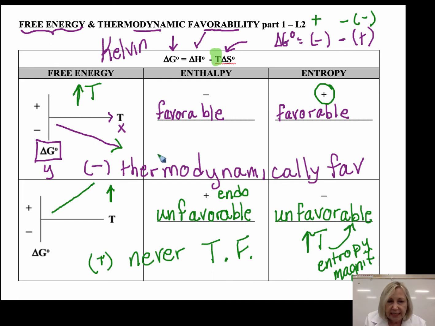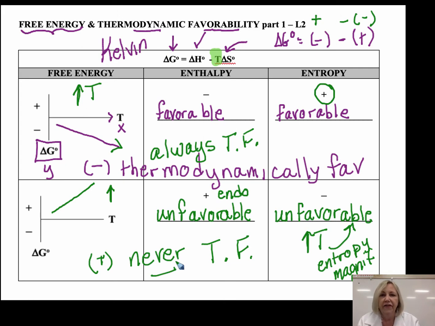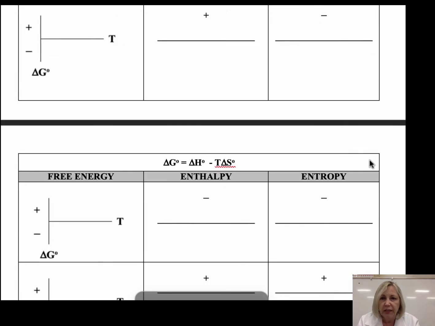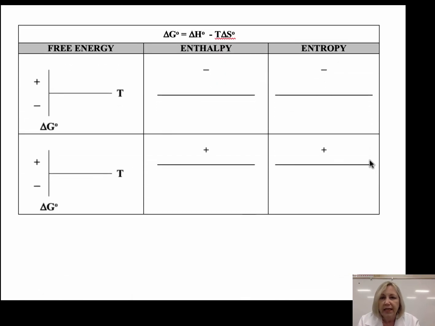In this case, this was an always thermodynamically favorable, and this is a never thermodynamically favorable. But there are two other possibilities that we want to explore, and that's when one is favorable and the other is unfavorable, and how we can overcome a barrier.